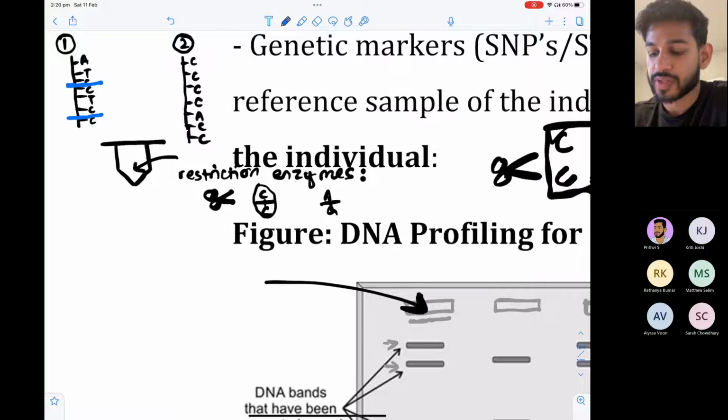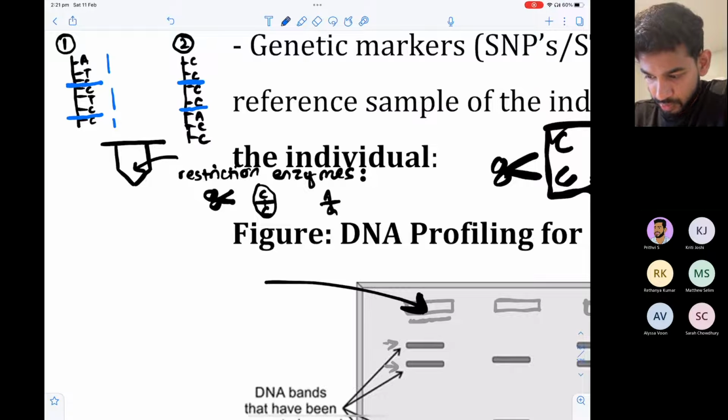So how many fragments of DNA will I end up with, Critty? 3. Good, right? Britannia, onto you. These restriction enzymes only cut between two cytosines. How many fragments will I end up with for person 2? Four. 1, 2, 3, 4.